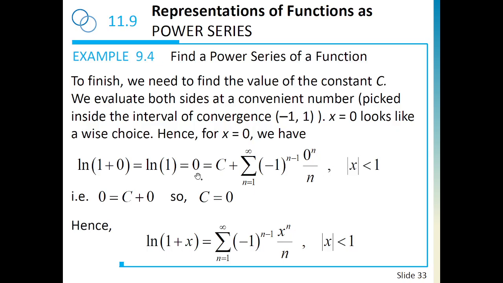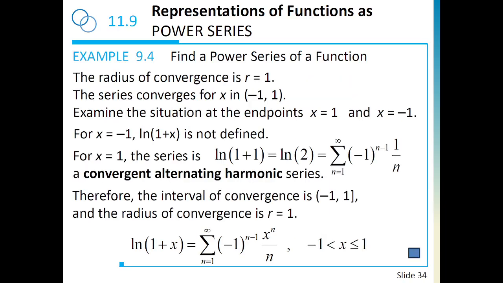So on the left side 0 equals c plus 0, which means c is 0. Often it will happen that c is 0, but not always. So we cannot just assume. We need to do the proper work. So now knowing that c is equal to 0, I can definitely write this equality for the interval negative 1, 1. Now the next step is to see what's happening at the endpoints.